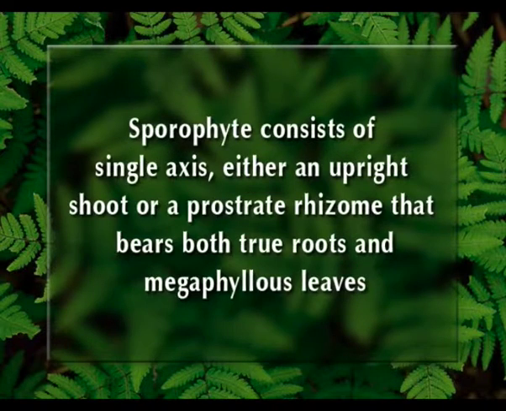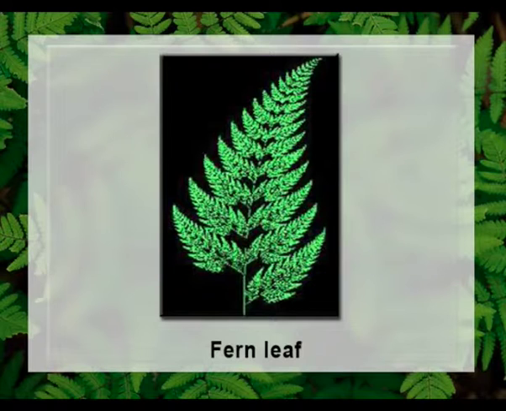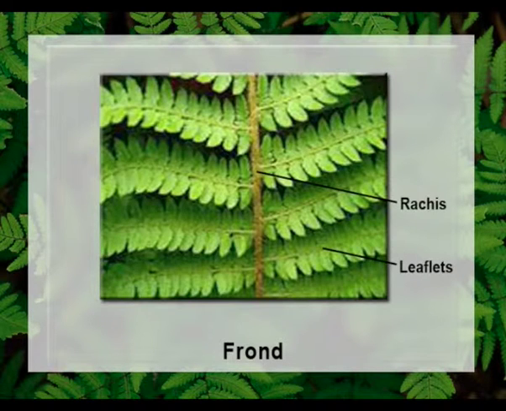The sporophyte in pteridophytes consists of a single axis, either an upright shoot or a prostrate rhizome that bears both true roots and megaphyllous leaves. The leaves contain vascular tissue and the veins are dichotomously branched. The leaves, also called fronds, are compound ones with a central rachis and lateral leaflets.